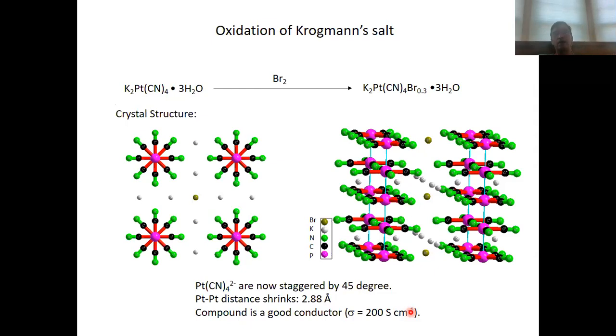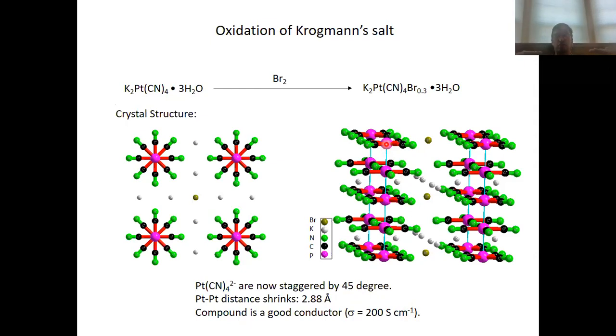Okay, when you have a Krogmann salt single crystal, you will find that the electrical conductivity exists only in the direction of the one-dimensional chain of PtCN4 units.